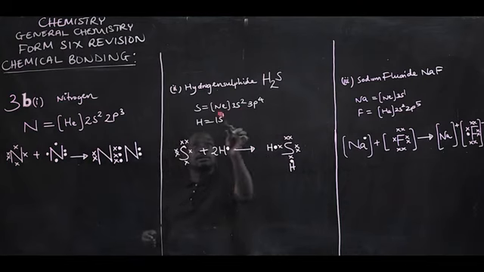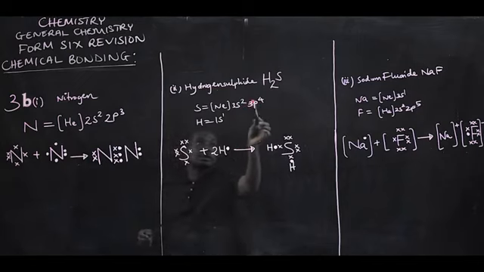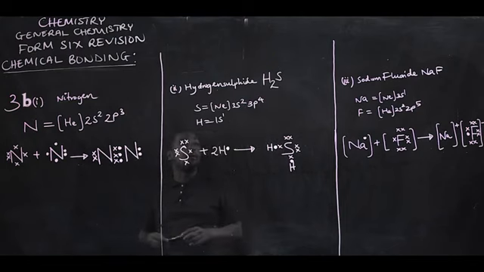So consider the electronic structure of sulfur at ground state. It has 6 valence electrons in the outermost valence shell.